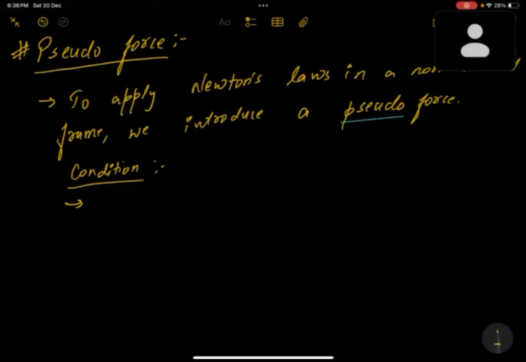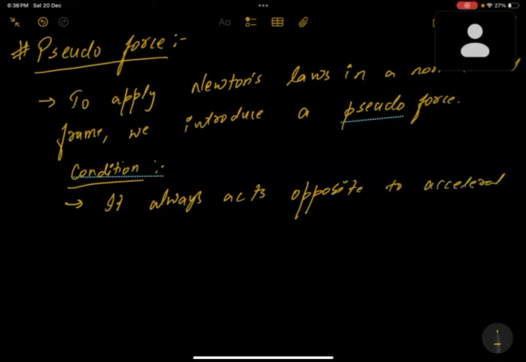First is, it always acts opposite to the acceleration of the frame.